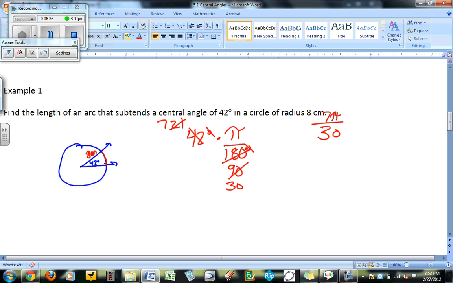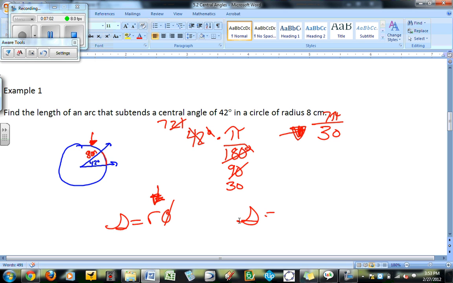That's the length of this arc had this been a unit circle, had this had a radius of 1. Well, now it has a radius of 8. So our formula says arc length S equals R times theta, where theta is in radians. We already know theta in radians is 7 pi over 30, and we multiply it by this new radius because we have a circle bigger than 1.